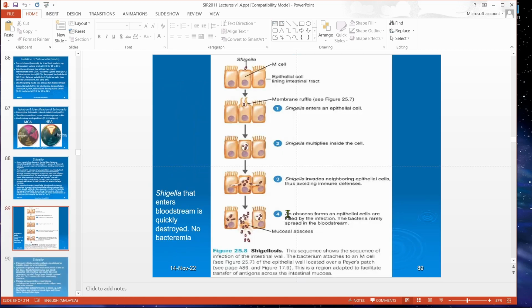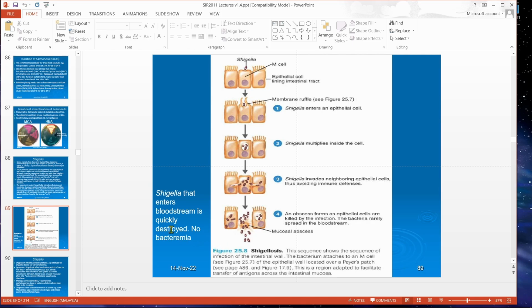So you can see that it doesn't die when it's endocytosed, but in fact it can evade and then spread through the epithelial lining.